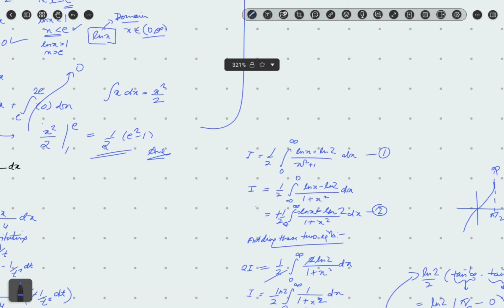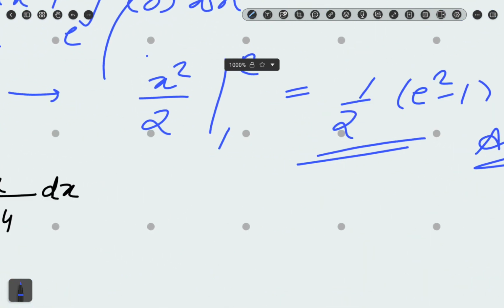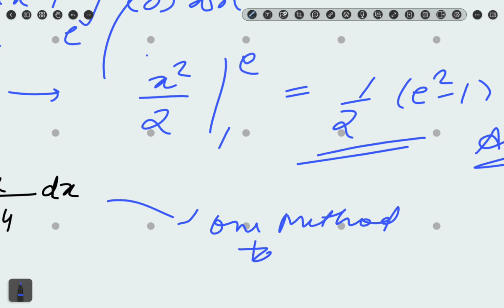So this obviously is one method to solve it, right.